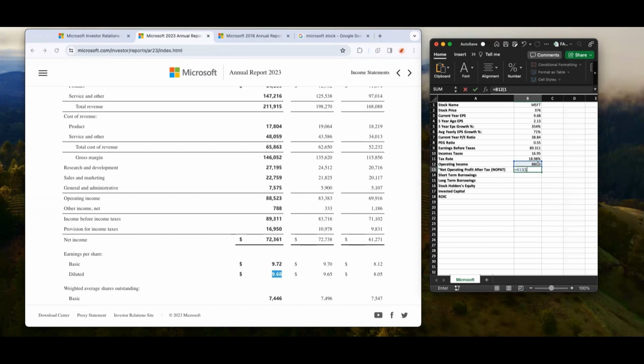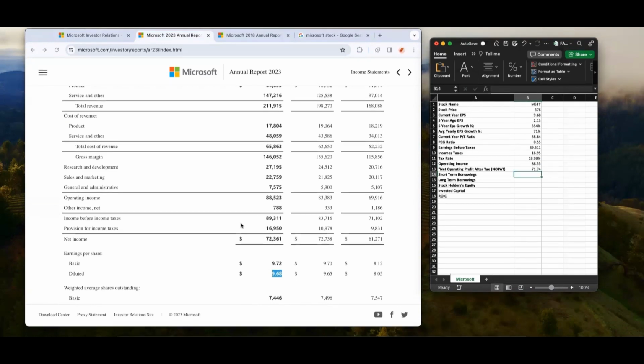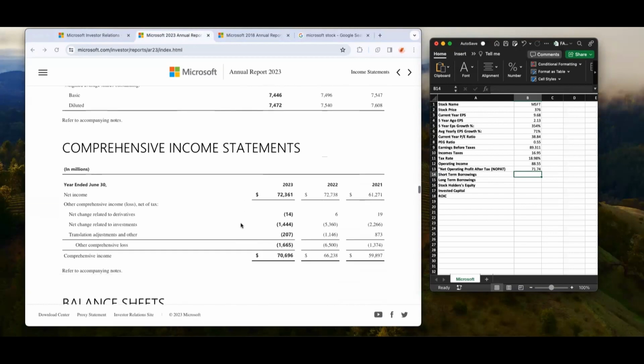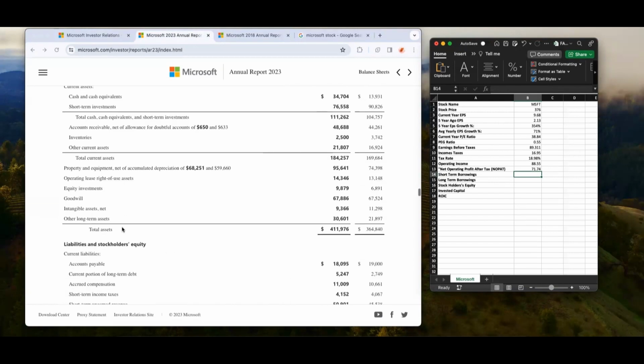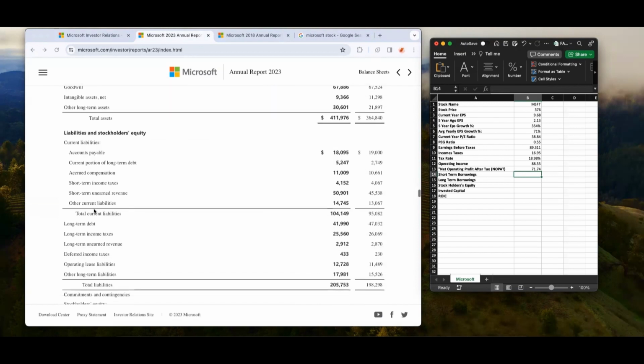Then 1 minus the short-term borrowing, which can be found from the balance sheet here. So this is assets, this is liabilities. Here you can find information for that one. We have information like long-term debt, which is 41.9, right?